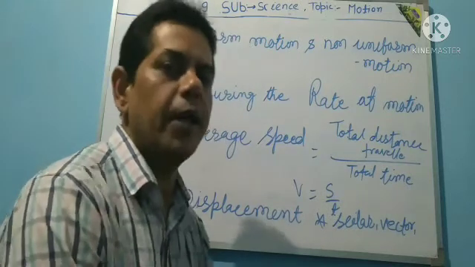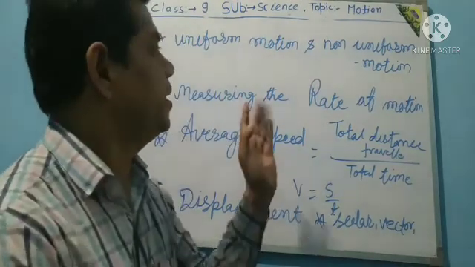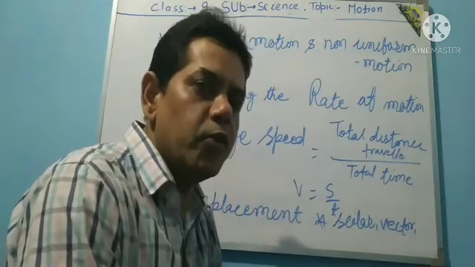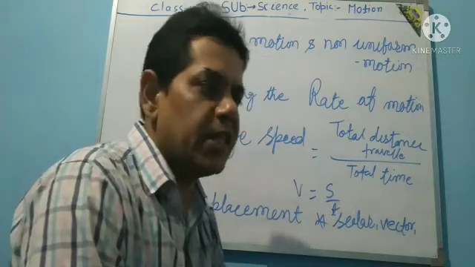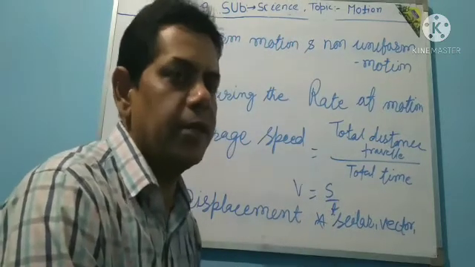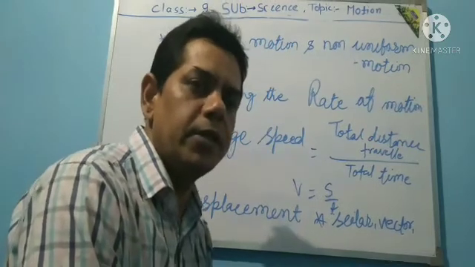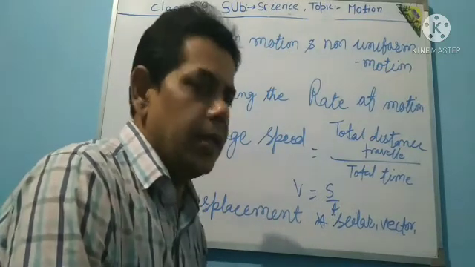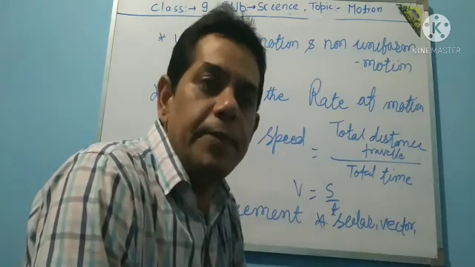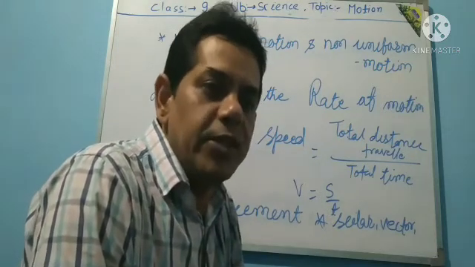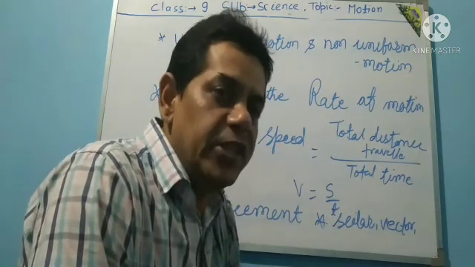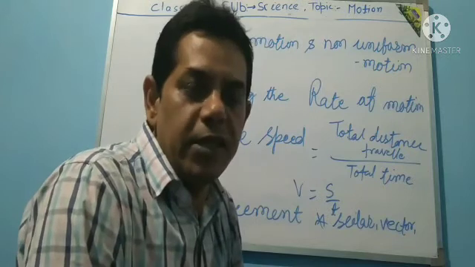Okay. The next point is measuring the rate of motion. If an object travels 5 meters in 1 minute, 10 meters in 2 minutes, 50 meters in 30 minutes, that is average time, average distance, total path length, total distance traveled in total time.